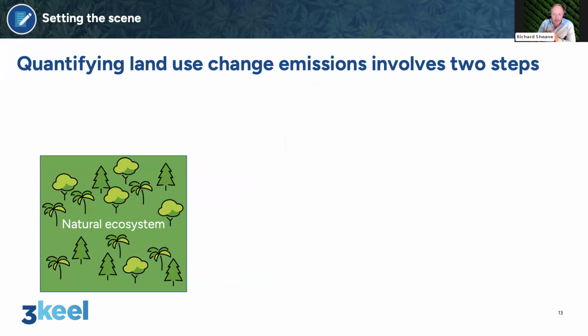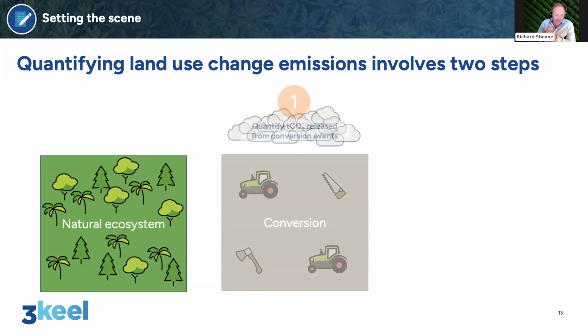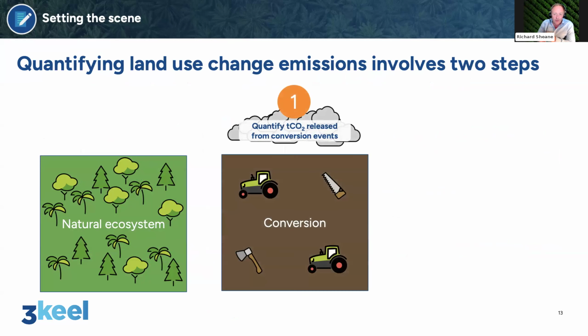So from a very high level, how do you quantify land use change? Effectively, it involves two steps. You have your natural ecosystem as your starting point. Then there is some form of conversion event. So the first question is, how do you quantify the emissions that come from that conversion event? In a very basic example, a lot of trees are cut down.